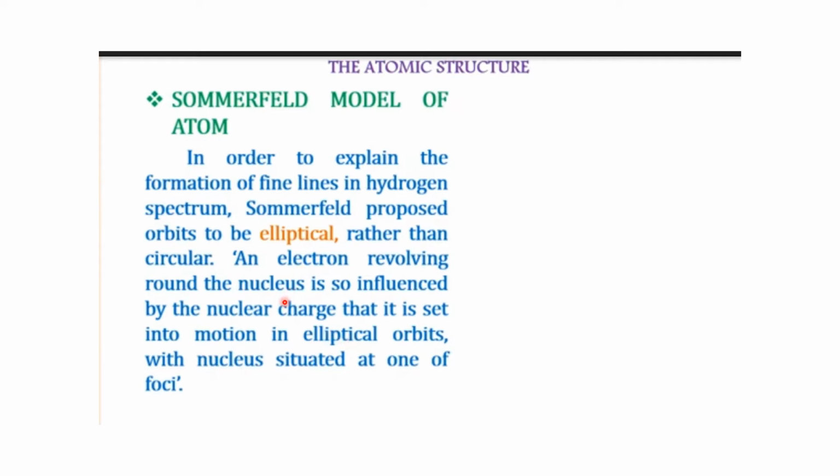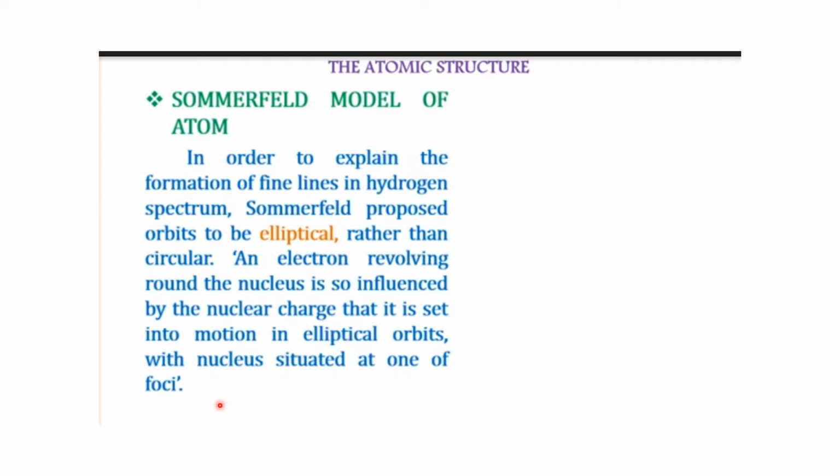Due to this attraction, it is set into elliptical orbits with the nucleus situated at one of the foci. That means when a revolving electron is under the influence of the nucleus, its motion is set into elliptical orbits, with the nucleus at one of the foci.